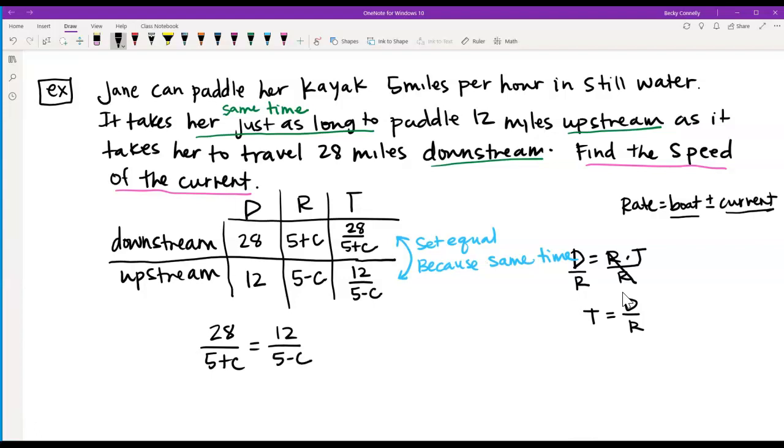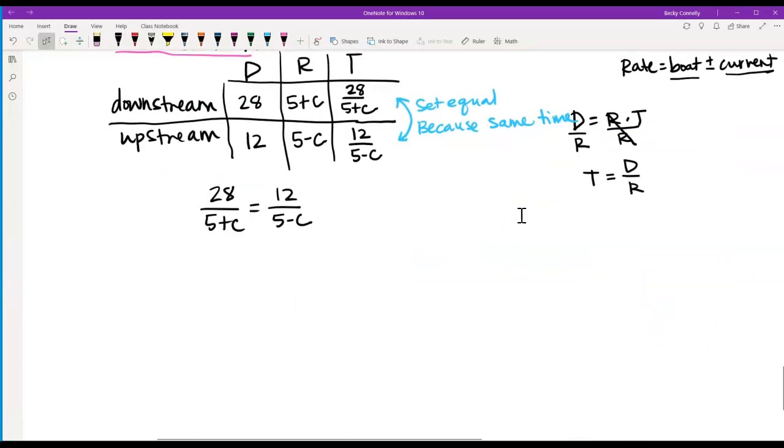And then from here, remember what we talked about last time in order to solve something like this. We're trying to solve this for c. And so we need to multiply both sides by the LCD. And so when I do that, the LCD is going to be 5 plus c times 5 minus c, because I need to have both of my denominators accounted for in there, and multiply this side by it as well.